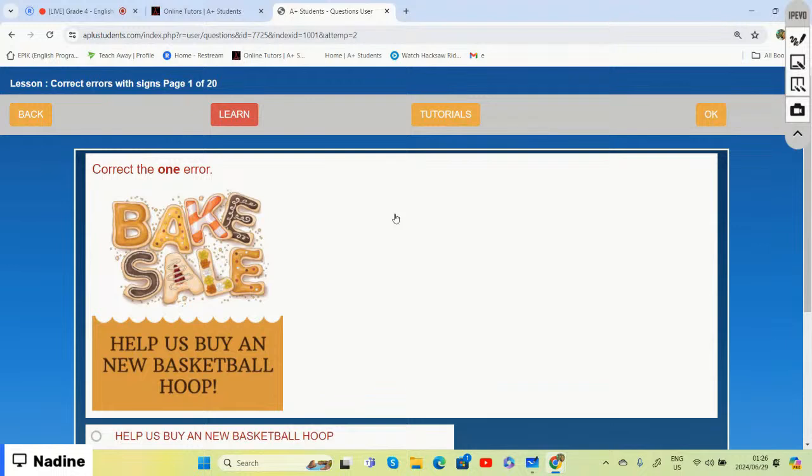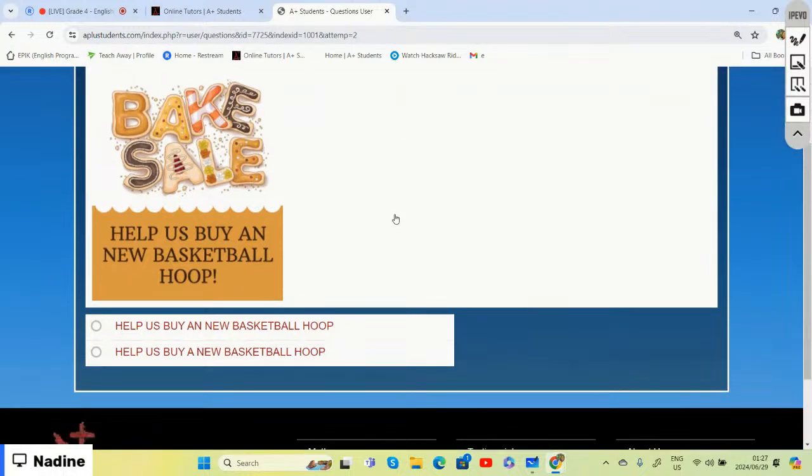We need to correct the errors with signs. If we were to choose the correct one, then yes, we can say help us buy a new basketball hoop.